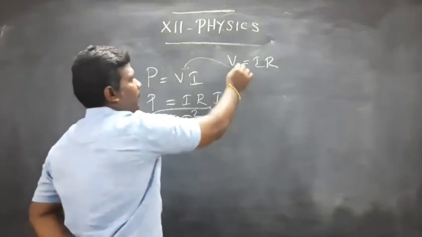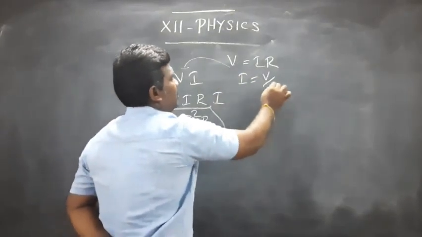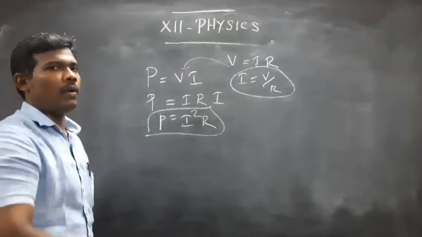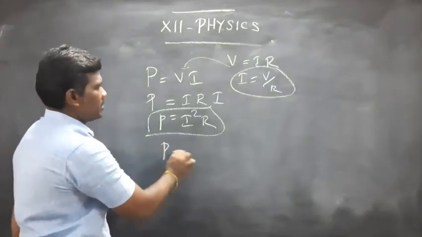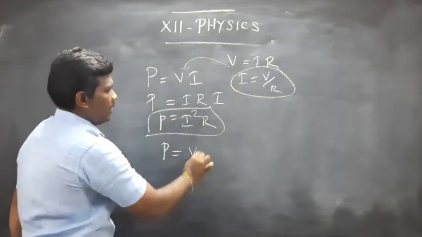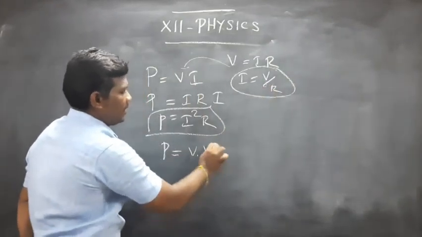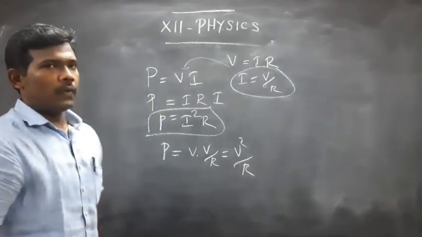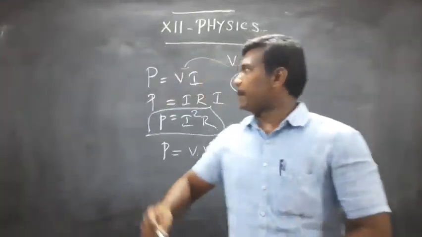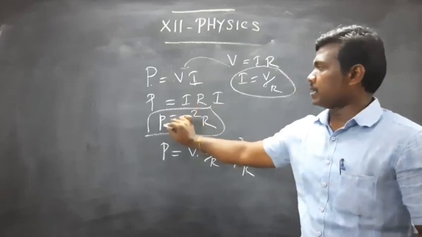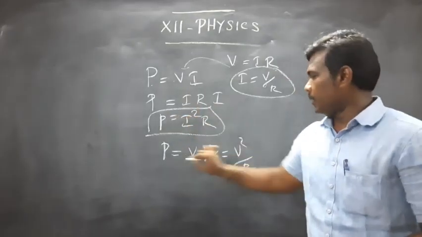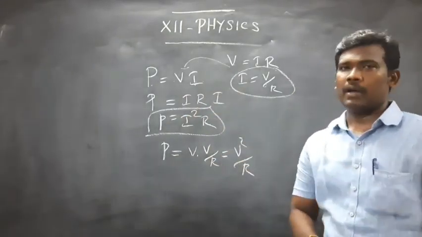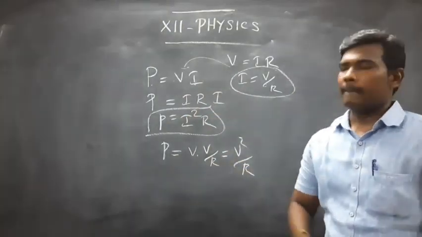If we rearrange Ohm's law, I is equal to V by R. We can apply this I value also into the formula. We get one more equation for power: P is equal to VI, and for I we replace V by R. So this is nothing but V square by R. So for power we can write the formula P is equal to VI, or P is equal to I square R, or P is equal to V square by R. So we have three formulas with respect to the given data.